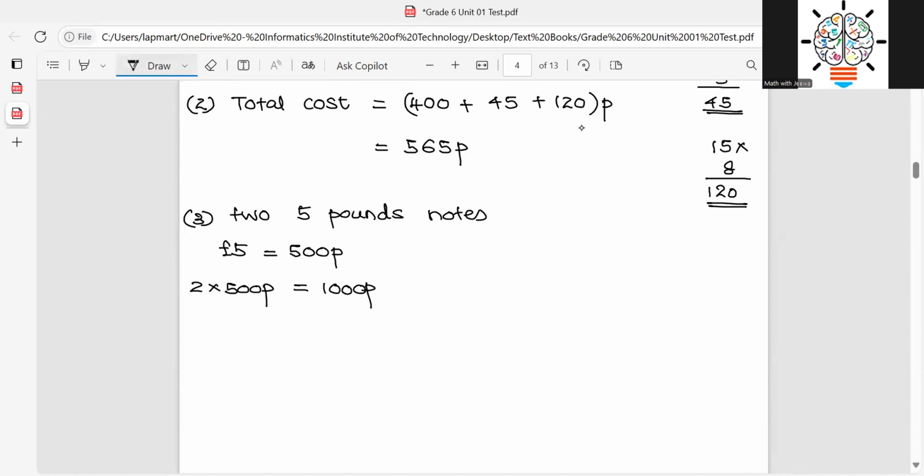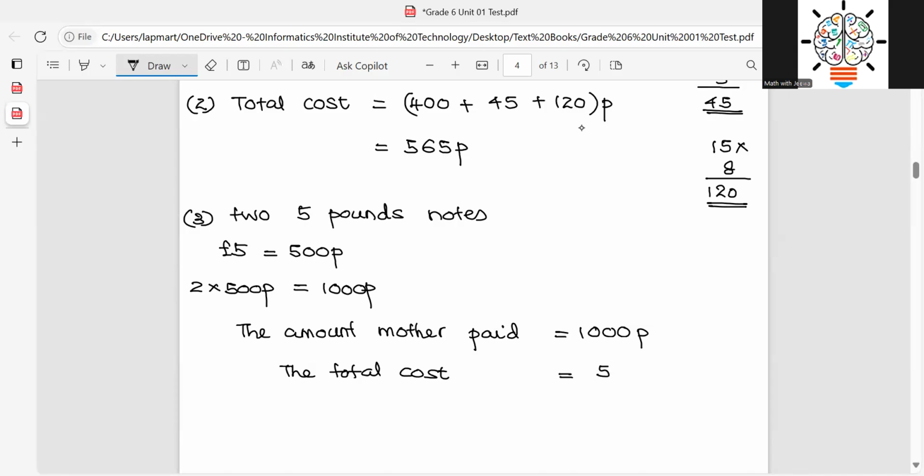Now we want to get the balance. The amount mother paid, it is 1,000 pence. The total cost, it is 565 pence, right?